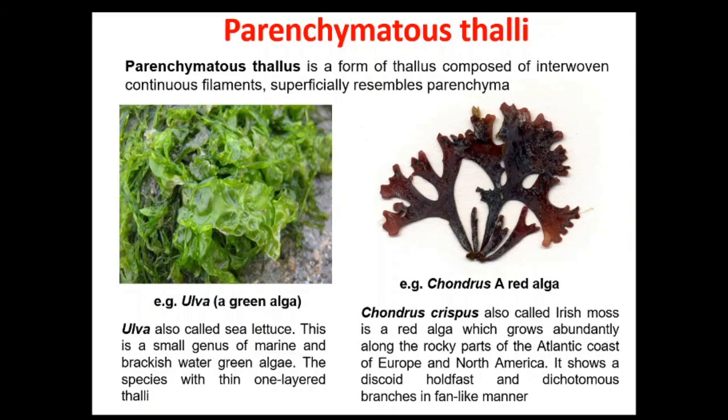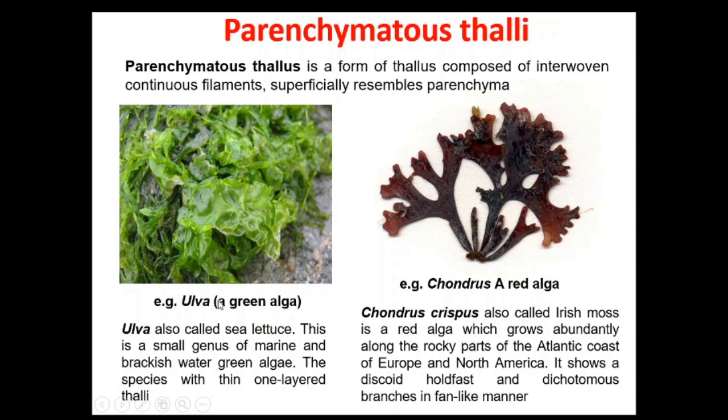Now the next example of the multicellular thalli is the parenchymatous thallus. A parenchymatous thallus is a form of thallus composed of interwoven continuous filaments, superficially resembling parenchyma. So in parenchymatous forms, the thallus is composed of continuous interwoven filaments, giving an appearance like parenchyma.